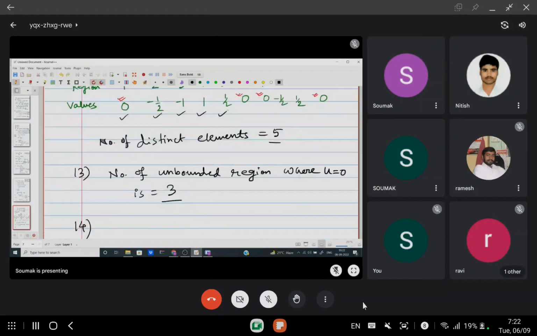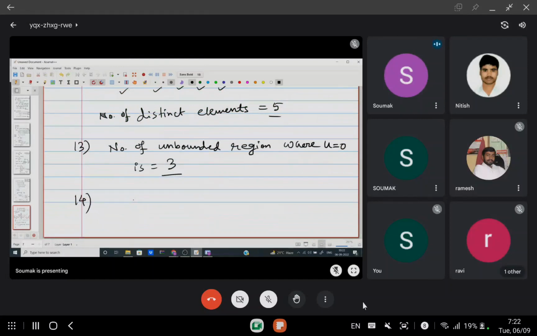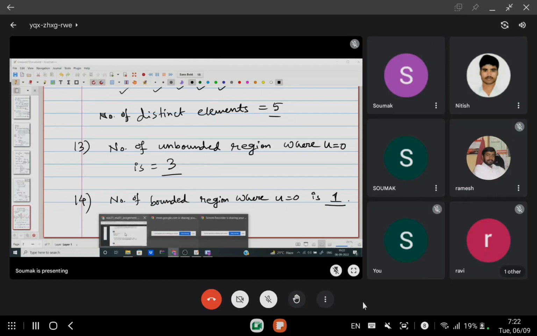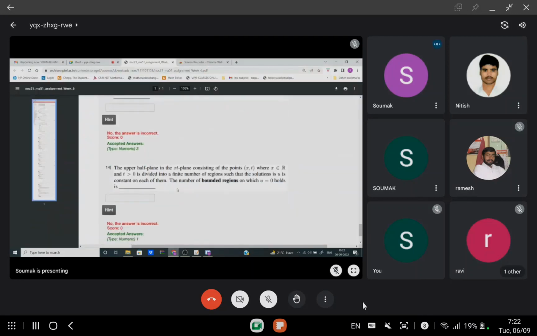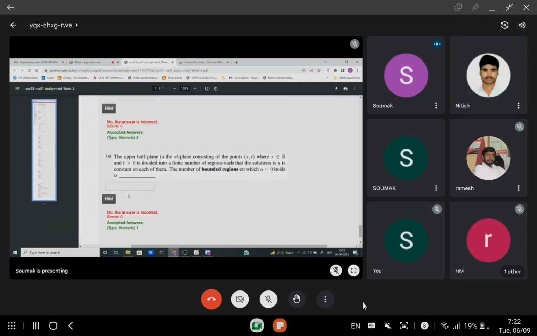So the number of bounded regions where u equals 0 is 1. Only region 7, and the other regions are unbounded.